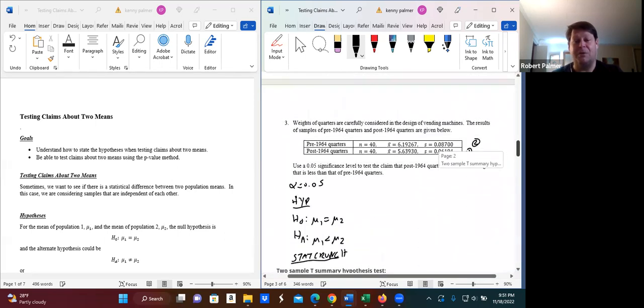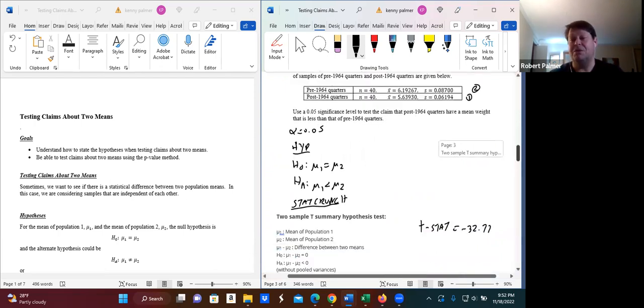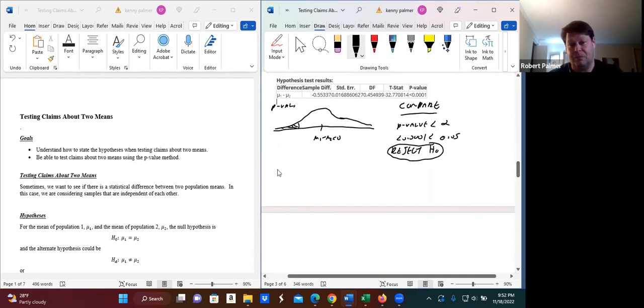So let's look at our claim, see what that means then again. Make sure we state it in a meaningful way. So the claim was that post-1964 quarters have a mean weight that's less than pre-1964 quarters. There's enough statistical evidence to support that claim. Enough evidence to support the claim. Let me write that a little bit better.